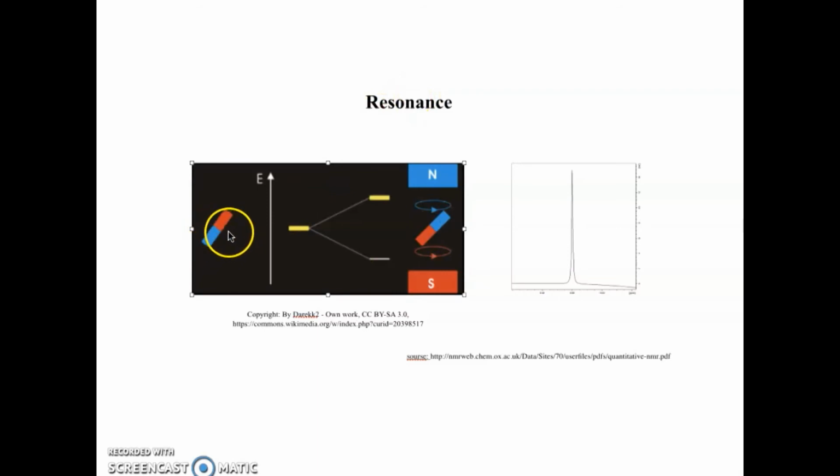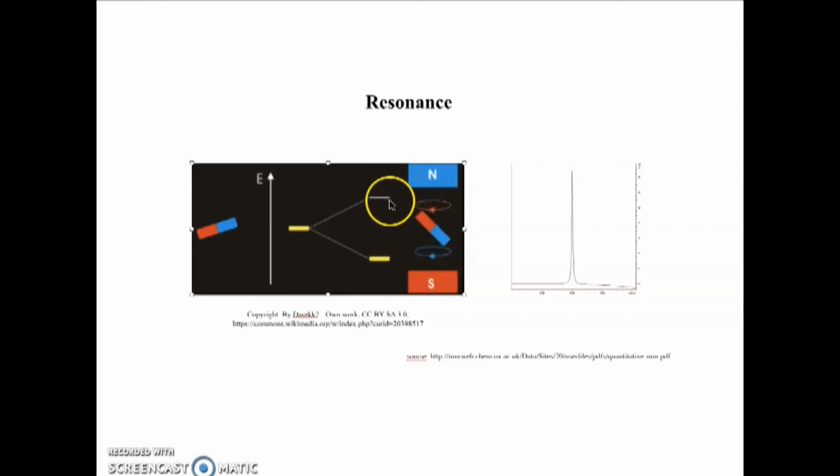This rotation or spin is random, but when an external magnetic field is applied, the energy levels arise: this is the lowest energy orientation, and this is the spin with the higher energy. When the required energy is supplied from an external source, the spin flips, as you can see here. And this is resonance in NMR spectroscopy, and then we get a signal in the NMR spectrum.